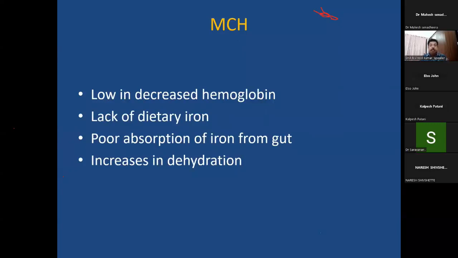Along with that, you look for the MCH also. If the MCH also increases, it is a clear indication that there is severe dehydration. And when there is low hemoglobin, it indicates hemorrhagic anemia. So these are the four attributes: low MCH shows decreased hemoglobin, lack of dietary iron, poor absorption of iron from the gut, and it increases in dehydration.